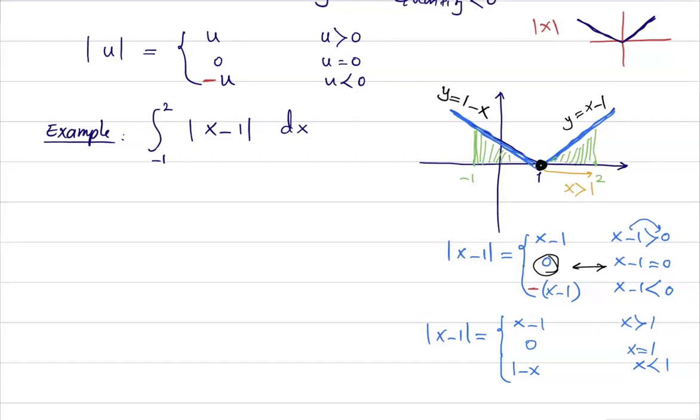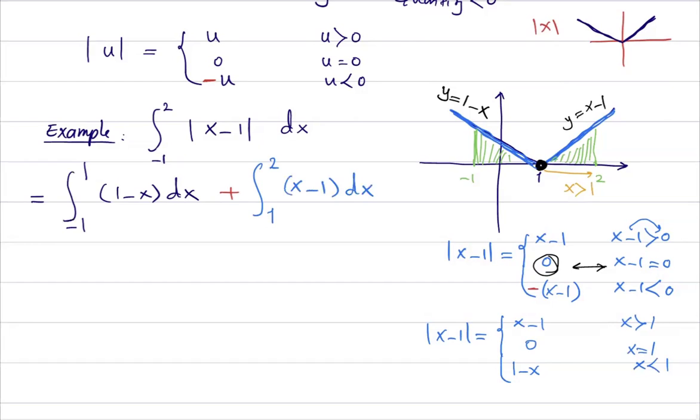That's why we have to divide this up into 2 pieces. This is the definite integral from -1 to 1 of the function 1 minus x dx plus the definite integral from 1 to 2 of the increasing function x minus 1 dx.